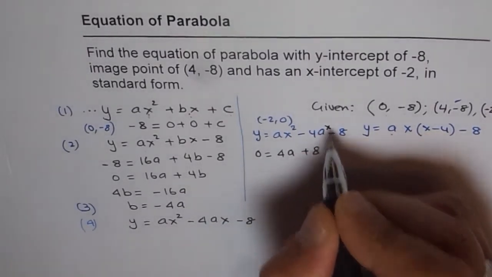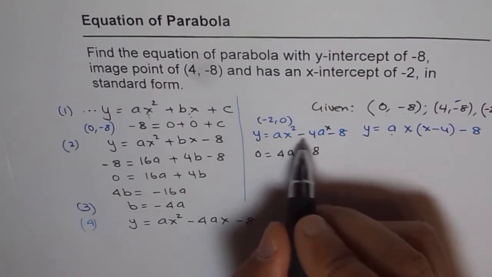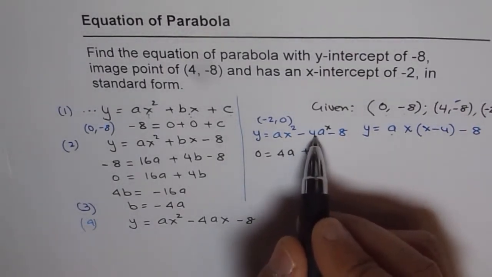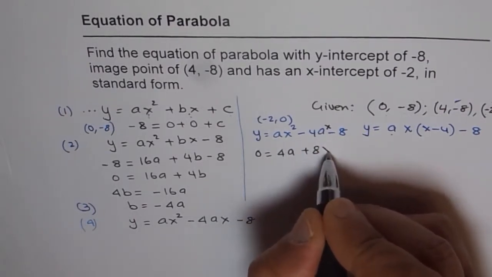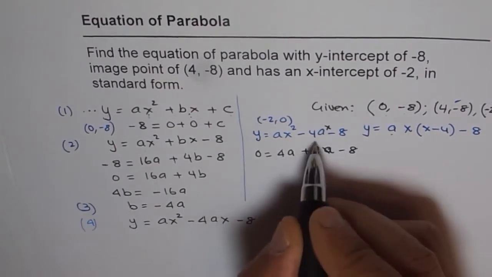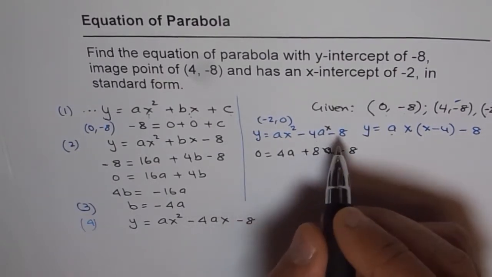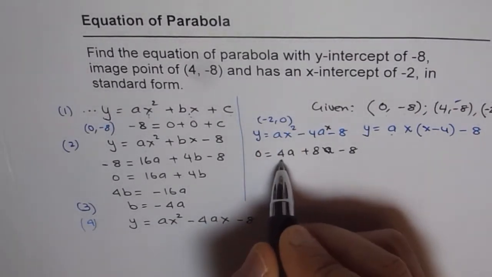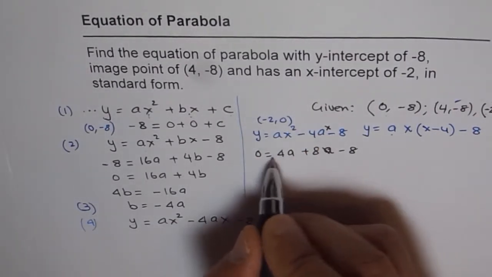I forgot to write x. So minus 2 times 4 gives plus 8a, and minus 8, right? So we'll just substitute x as minus 2 here. When I put minus 2 squared, I get 4. When I put minus 2 here, let me rewrite this.